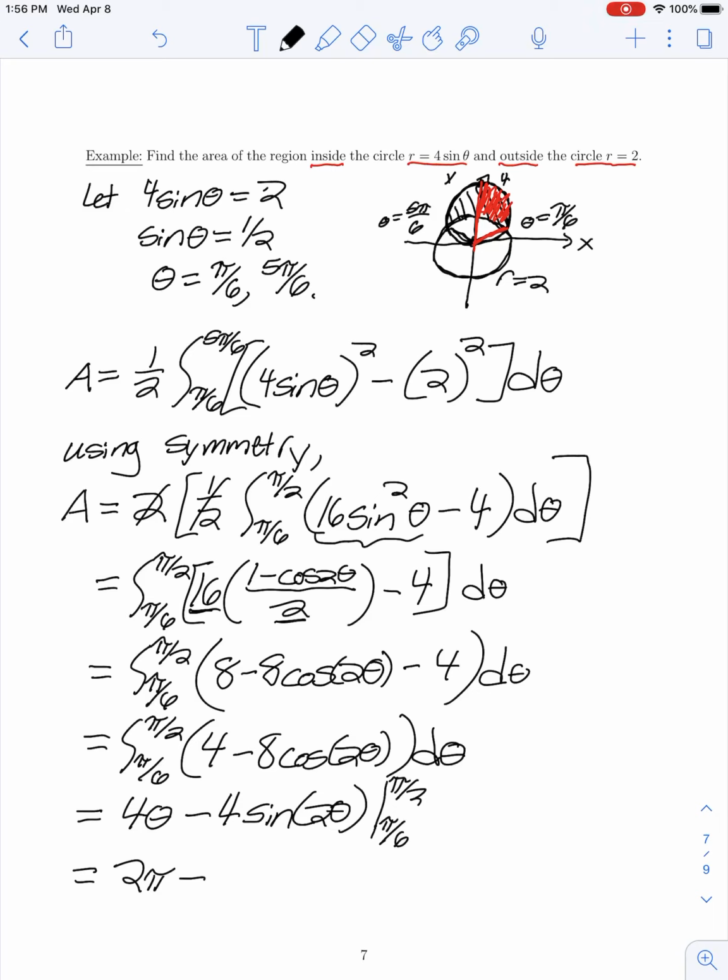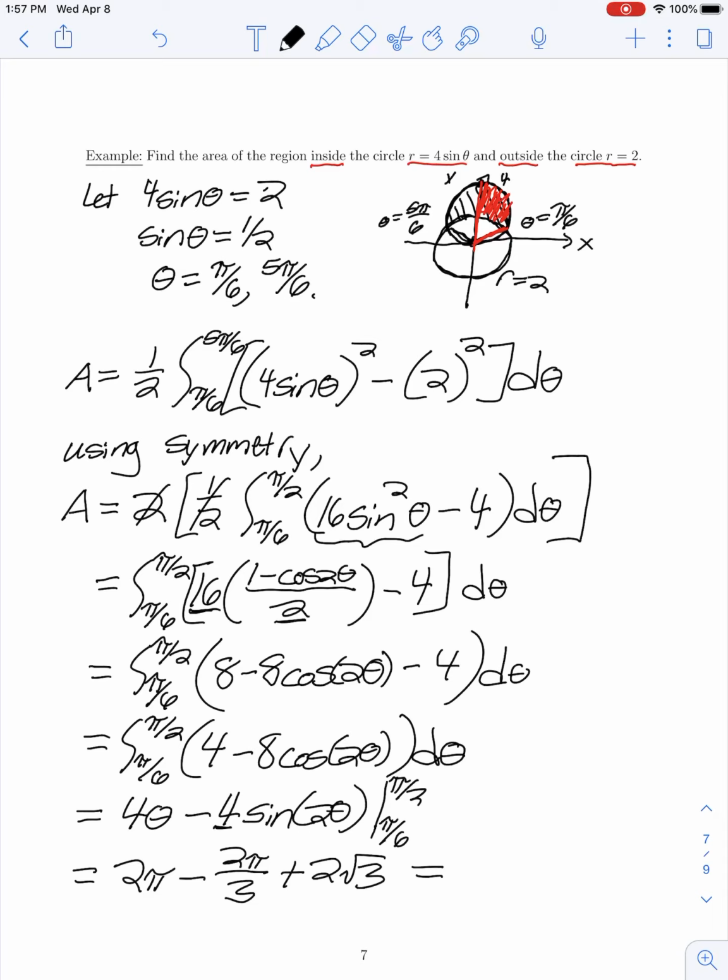So we would have 4 pi over 6, or 2 pi over 3. And then minus the negative, we have a plus 4 times sine of 2 pi over 6. That's the same as sine of pi over 3, which is square root of 3 over 2. So multiplying by the constant 4 out in front, we have 2 times the square root of 3.